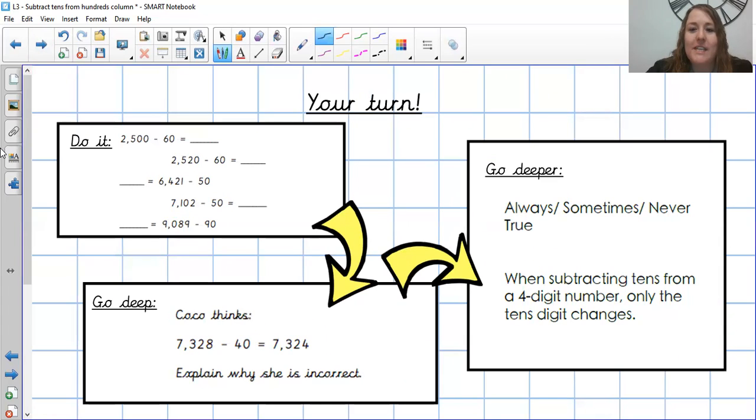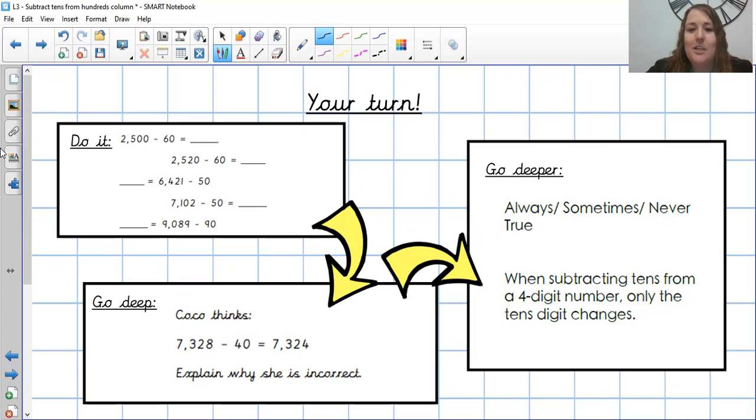And then you have your Go Deeper. This is your always, sometimes, never true question today. And this is quite similar to your Go Deeper task on Wednesday, which was our first home learning. This time it says, when subtracting tens from a 4-digit number, only the tens digit changes. Now we already know today that we've changed more than the tens digit, but can you show me whether that's always true, sometimes true, or never true?